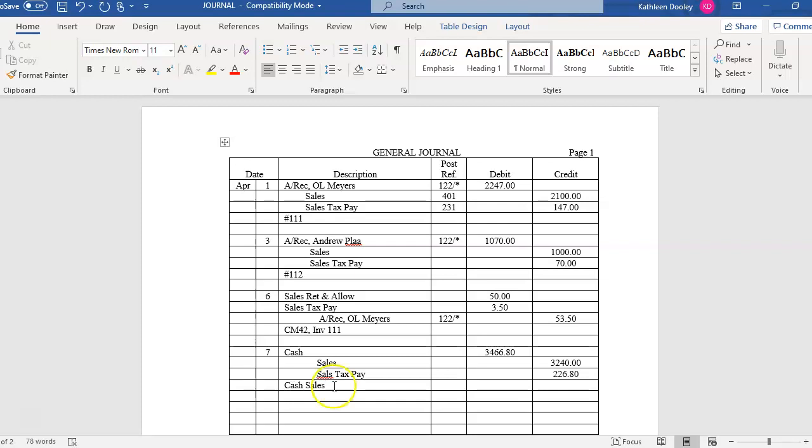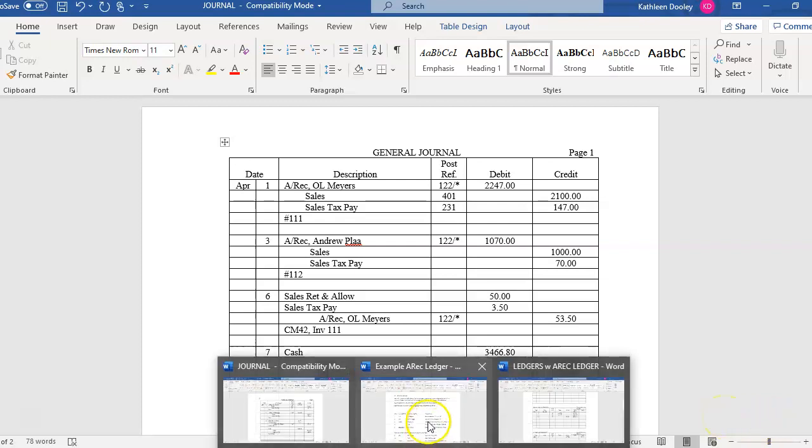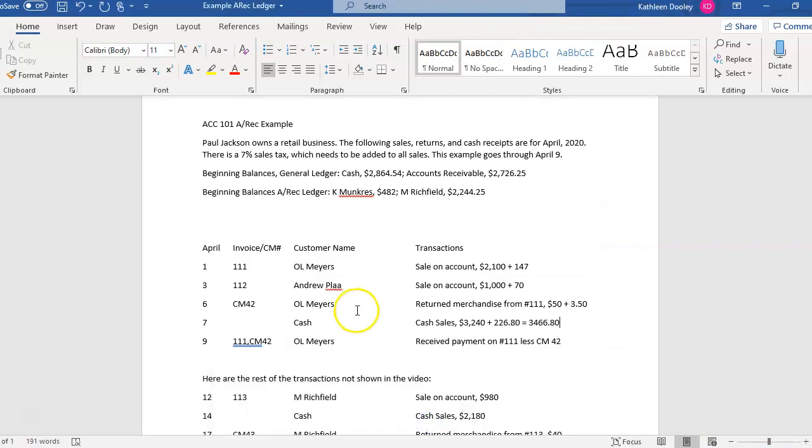Okay, so here, now I ask myself, is there anything in here that must be posted right now? Well, no, there's no customers for the subsidiary ledger in this sale. Okay, these are all general ledger accounts, and so I can wait and post them later. Okay, so I can go ahead and go back to my transactions.